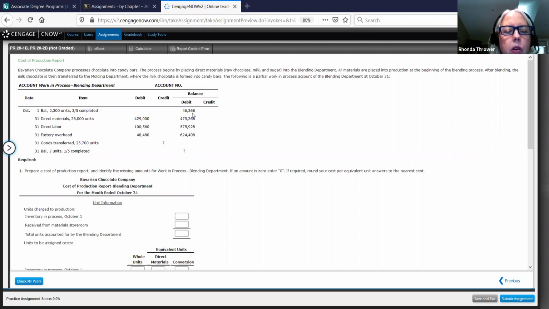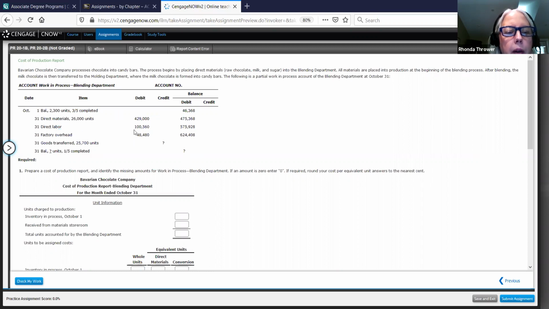So we have our beginning inventory cost from last period, plus we're adding the cost that we incurred during this month, which is October. We had materials costs of $429,000. So when you add your beginning inventory plus your materials, your balance in the work in process account after you've added your materials for this month is $475,368.